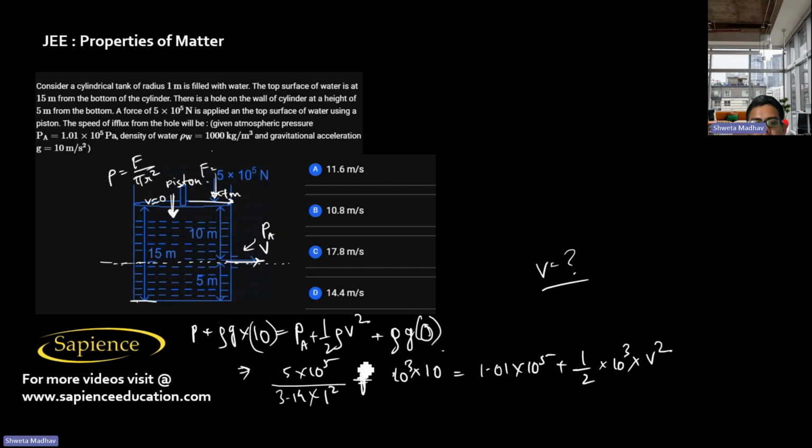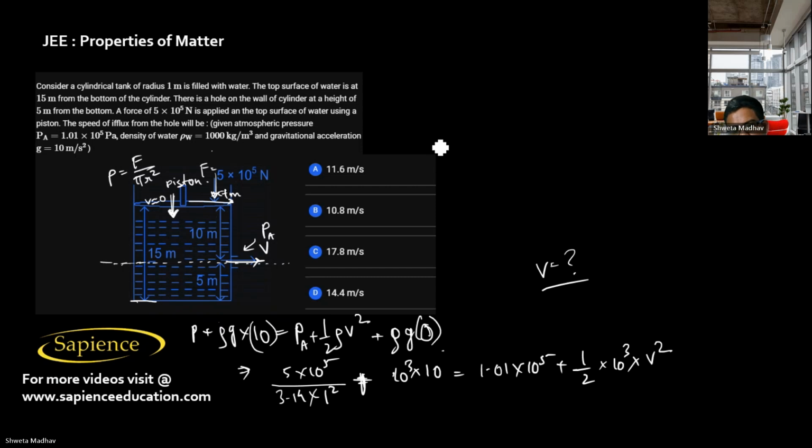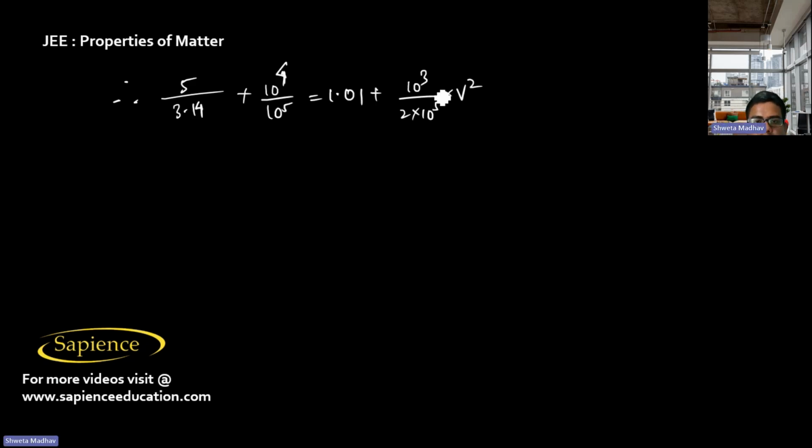Now, if we divide both sides by 10 power 5, then we will get 5 by 3.14, plus 10 power 4 by 10 power 5, that is equal to 1.01, plus 10 power 3 by 2 into 10 power 5 into V square. So therefore, this will be 10 power 2, which is 200.